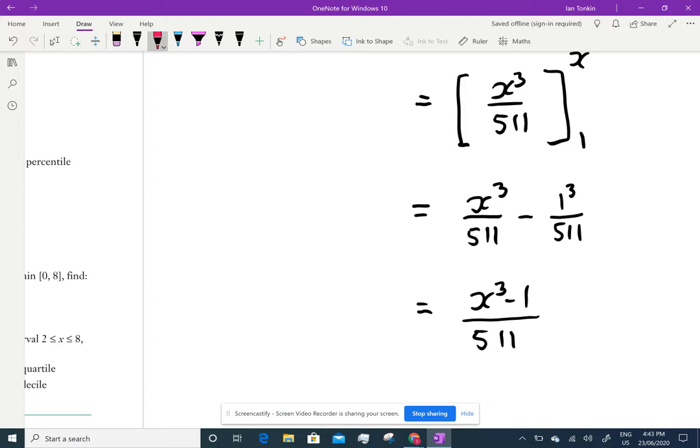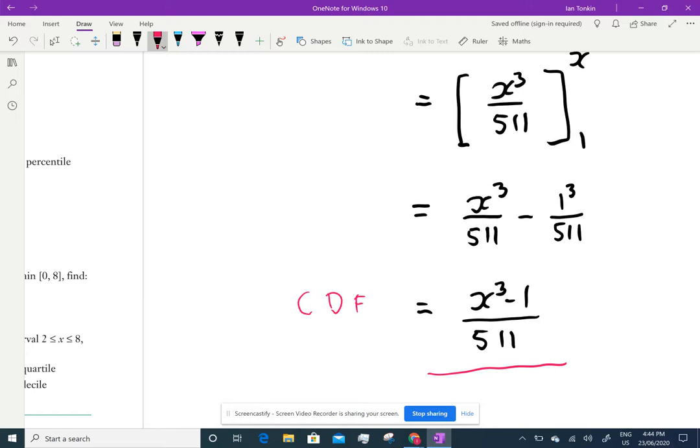And remember, this is our cumulative distribution function. It's going to tell us the area under the curve for whatever values we put in for x. We don't have to integrate it again. We've got it. There it is.